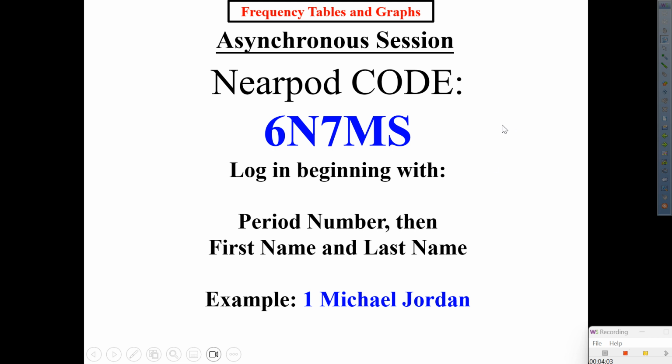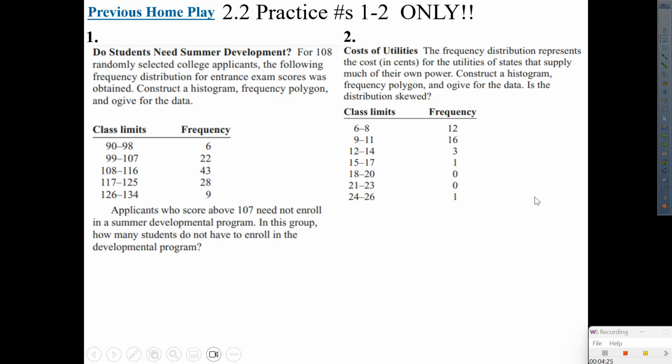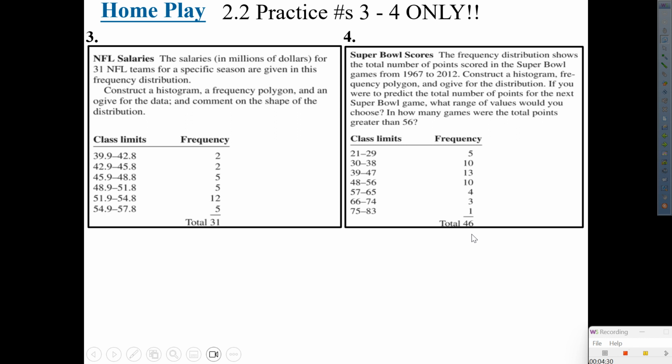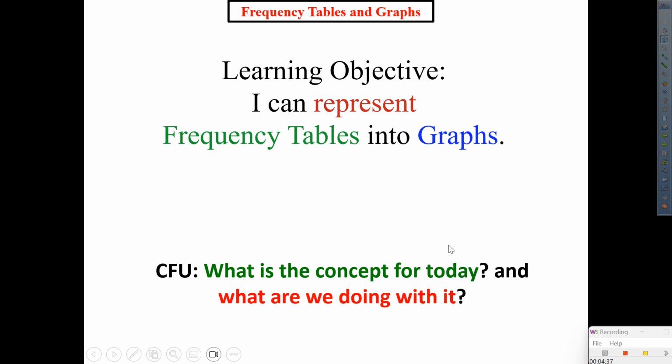But it's all right as long as we have an AC, right? Last night's was numbers 1 and 2, which are on your screen, and tonight's are 3 and 4, which are also on your screen right now. So hold on to your home play. I'm going to pick all 4 of them up tomorrow. Thank you, Mr. Q.